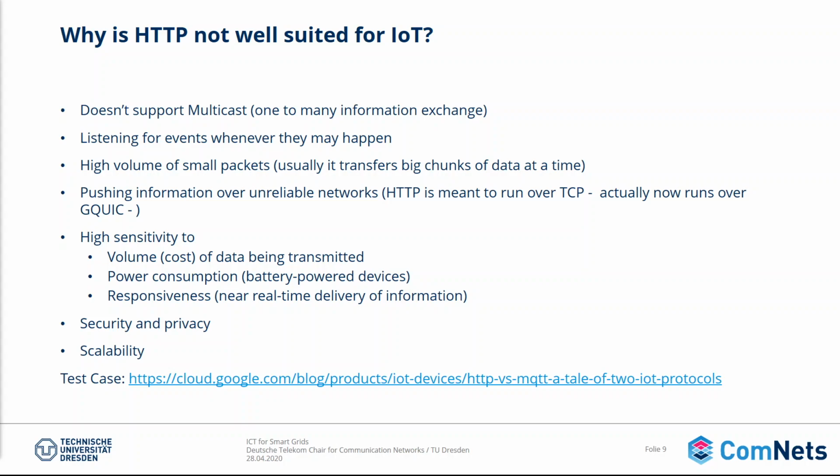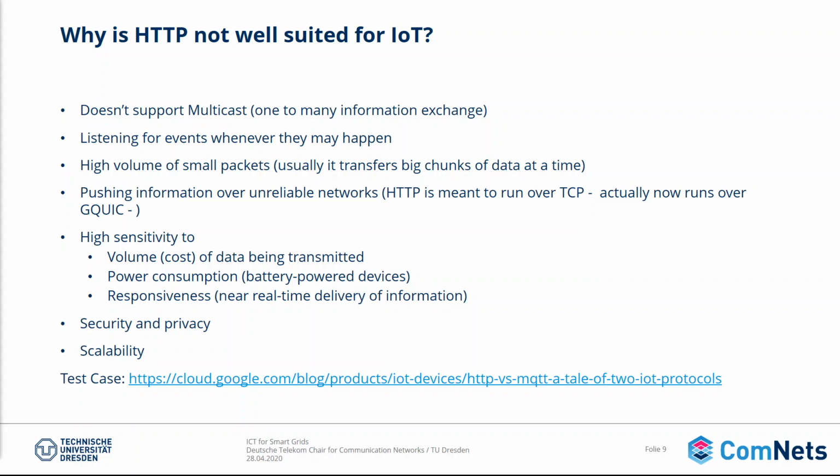It's very sensitive to volume of data being transmitted. So the amount of data you're transmitting actually affects the network a lot, because if you have a lot of nodes and you have to transfer a lot of data, then there's a lot of congestion in the network, and you also usually use more battery resources if you're transmitting more data.